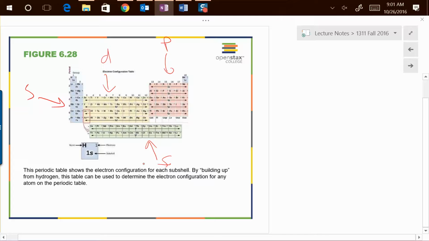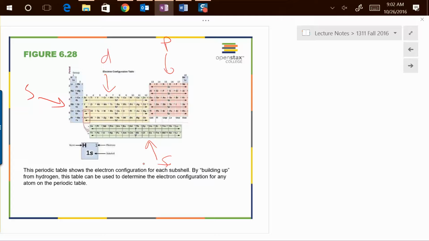So I can look at the position of an element like iodine and ask, what is its position according to its electron configuration? Well, it's in the P, but which P? 2P, 3P, 4P, 5P, but it's 5P what? 1, 2, 3, 4, 5. It's the 5th element in the 5P. So it's 5P, 5.